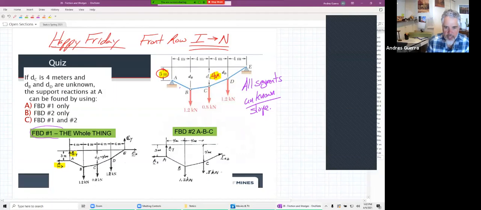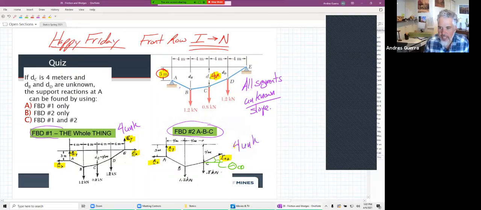It has AX, AY, EX, and EY, so this one has 4 unknowns. And the other FBD, number 2, has an AX, an AY, a TCD, and also an unknown theta CD. So this one also has 4 unknowns.